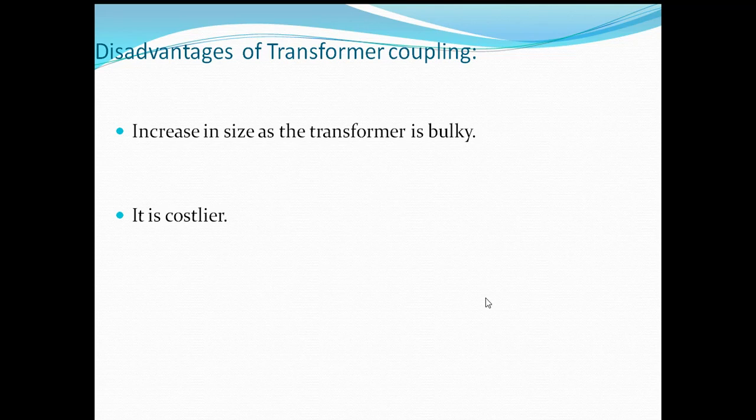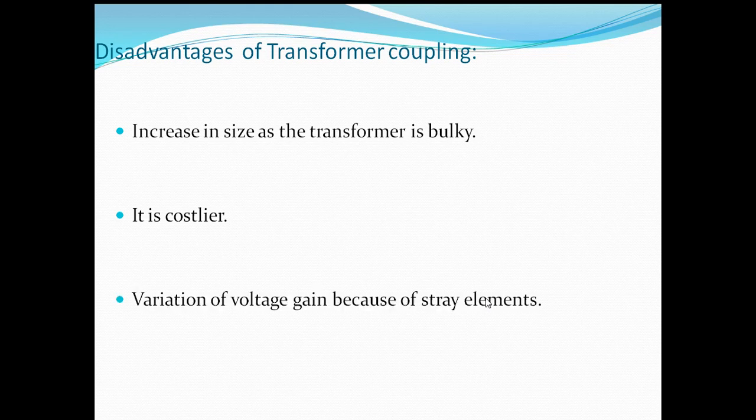Since transformers are very costly compared to resistors and capacitors, it is costlier. There is also variation of voltage gain because of stray elements, that is inductors.